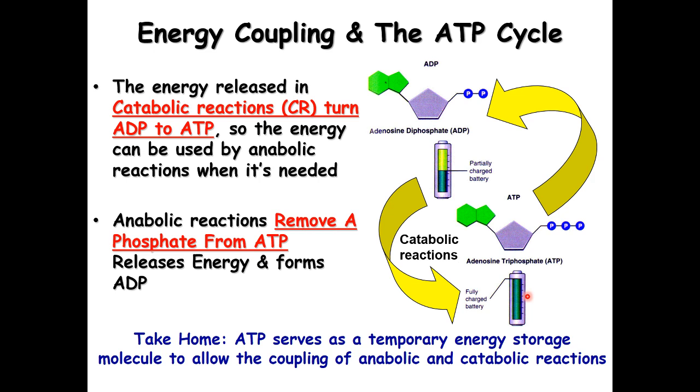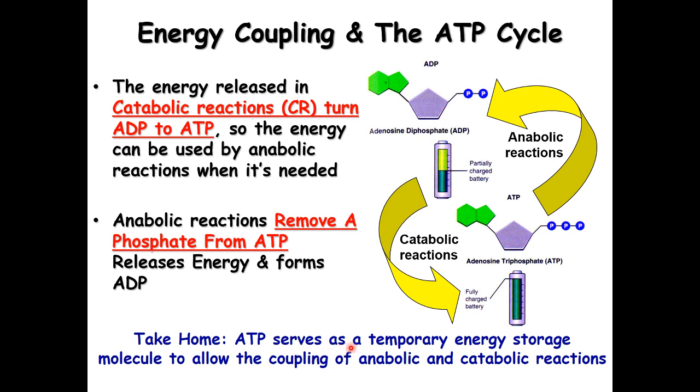So then later on, when the anabolic reaction needs to use the energy, they just pick up this battery, which is ATP, use it up, and then it becomes ADP again, and then catabolic reaction will charge it again. So this is a very good way to store energy when you don't need it, because when you need it, it'll be ready, right?